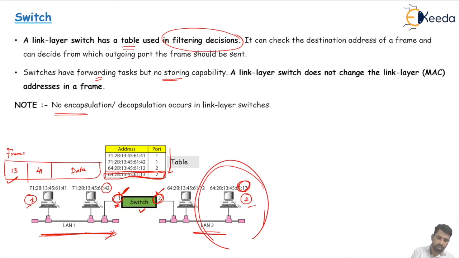These four points were asked in different exams, and I have mentioned all of them here. First, the switch takes a filtering decision from the lookup table and forwards the packet. Second, no storing capability, only the forwarding task. Third, no encapsulation and decapsulation occur. Fourth, a link layer switch does not change the MAC address of the frame when a frame is passed from one LAN to another LAN.